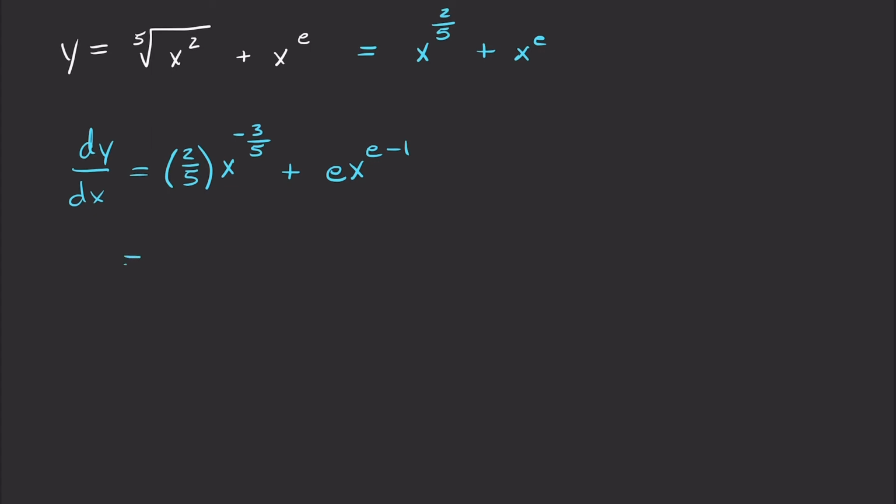Okay, so then we just need to simplify this first term. It's our x is to a negative exponent, so we will make it positive and bring it down. And then this is x cubed, but it's to a fifth root. So it'll be 2 over 5 times the fifth root of x cubed. And in the second term, we can leave it as is, since there's no obvious way to simplify.